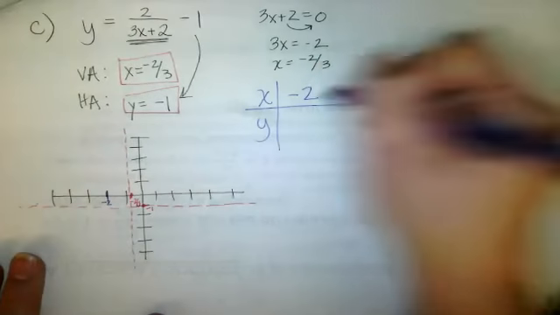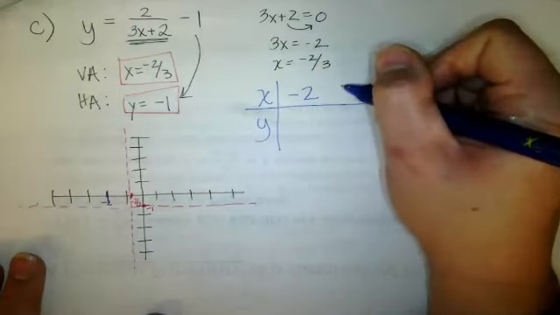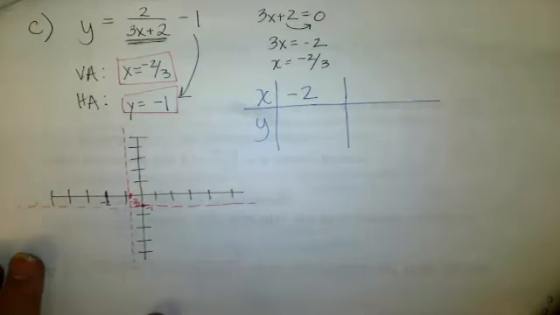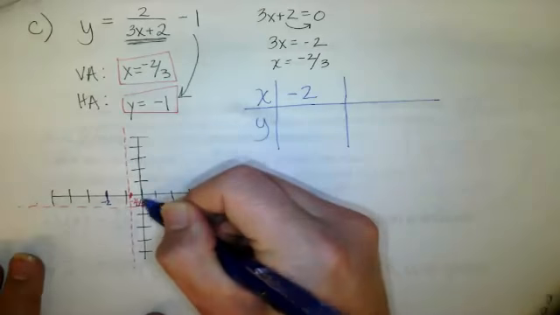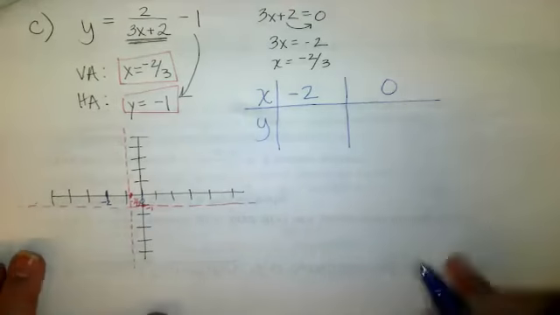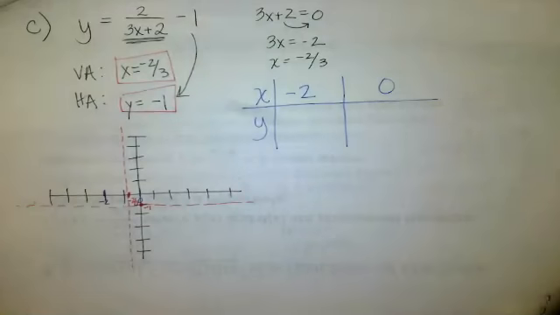I think it's going to work nicer. What's another value we could plug in for x? 0 is a great number to plug in. It really doesn't matter what x value you use. Some are going to be nice and some aren't. Some will give you fractional answers and some will give you nice numbers.